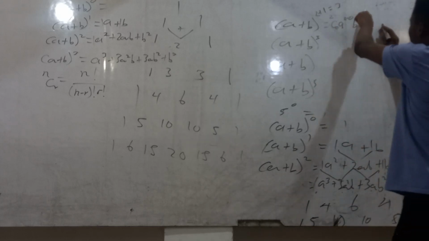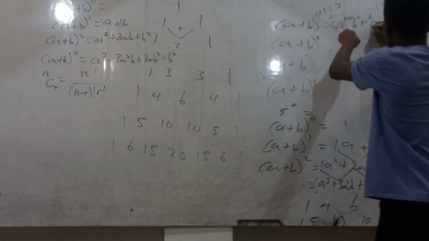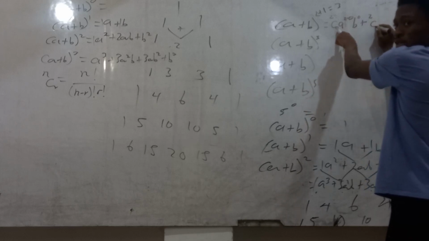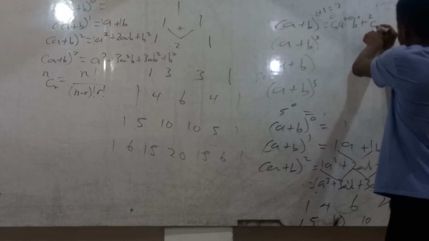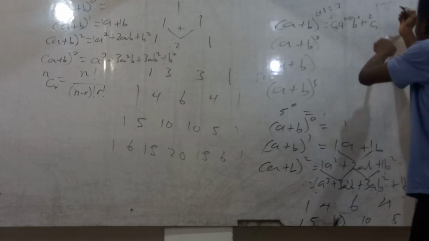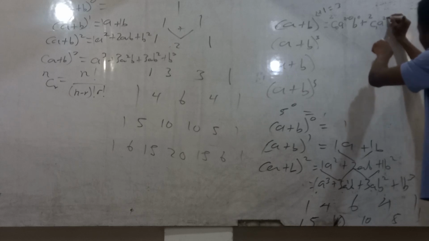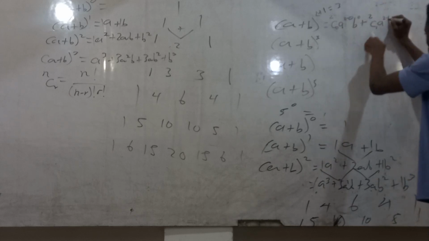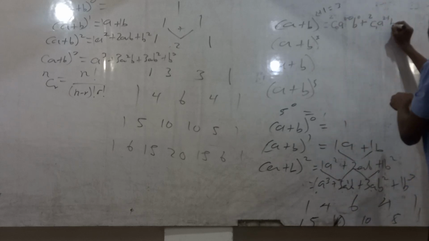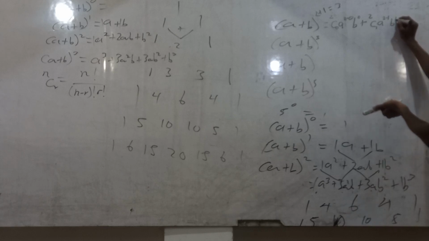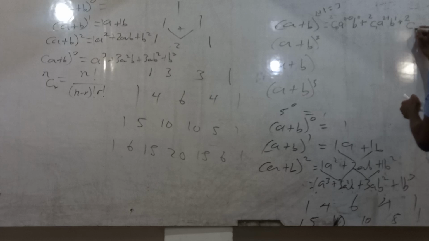Plus the second term. 2 combination, since the first term is 0, the second term will be 1. A to the power 2 minus R, which is 1. B to the power 1, isn't it? And here will be what? 2 combination 2.